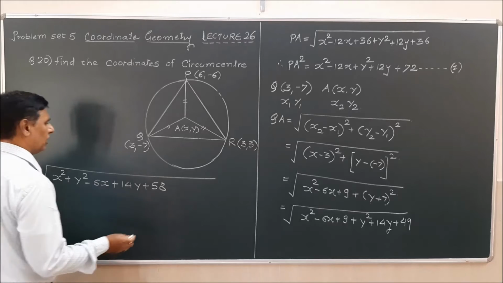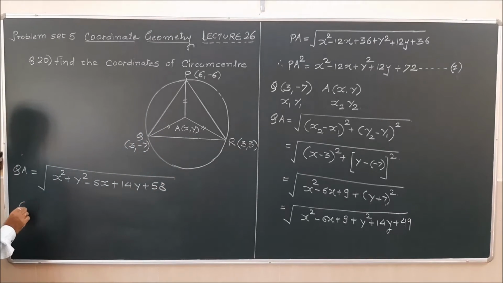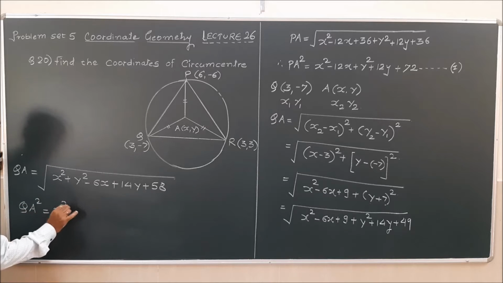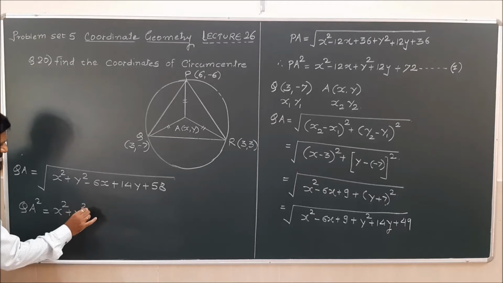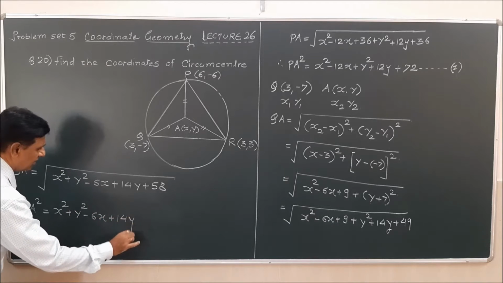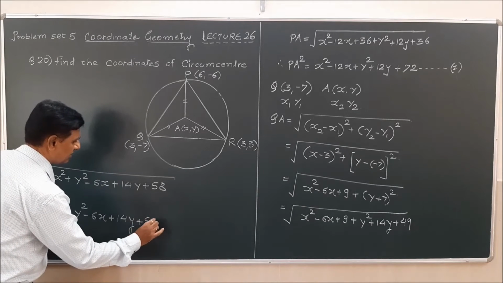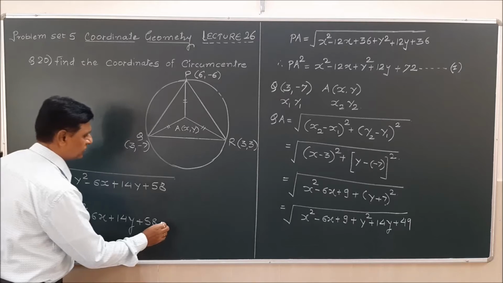So this is QA. Next, QA square is equal to x square plus y square minus 6x plus 14y plus 58. This is equation number 2.